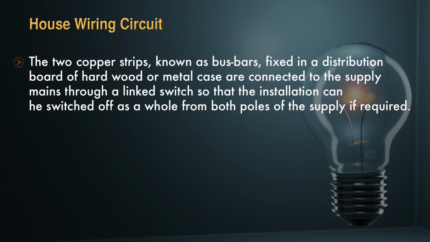The two copper strips known as bus bars, fixed in a distribution board of hardwood or metal case, are connected to the supply mains through a linked switch so that the installation can be switched off as a whole from both poles of the supply if required.